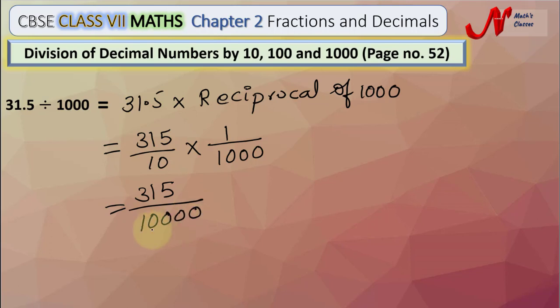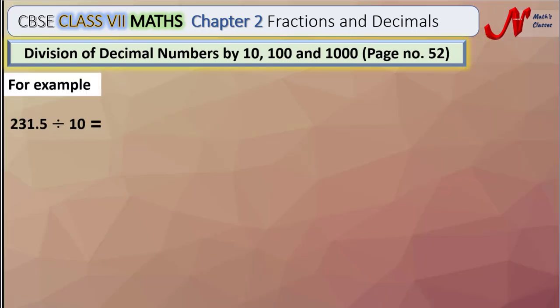So in the denominator we have 4 zeros, so in the final result we place the decimal point from right to left after 4 digits, but we have 3 digits, so to get 4 digits we keep a 0 and keep the decimal point, so we get 0.0315. Therefore 31.5 divided by 1000 is equal to 0.0315.